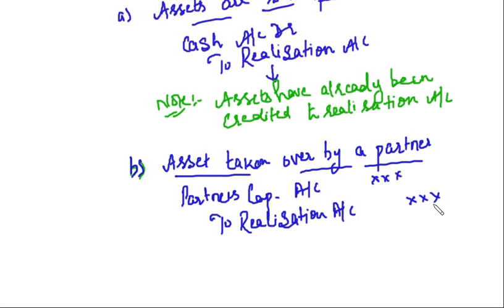One of the partners decides to take the assets while dissolution, and he says whatever is the amount of asset, you adjust it from my capital account. Because what will the capital account reflect? Capital account reflects the amount that is payable to the concerned partner, and if we debit the partner's capital account, the amount payable to partner will reduce. Clear? Clear, friends?